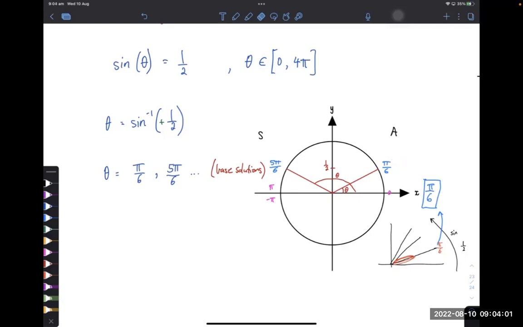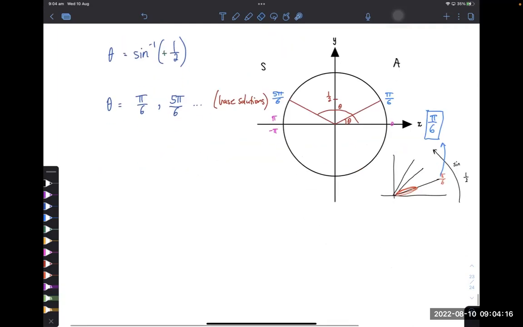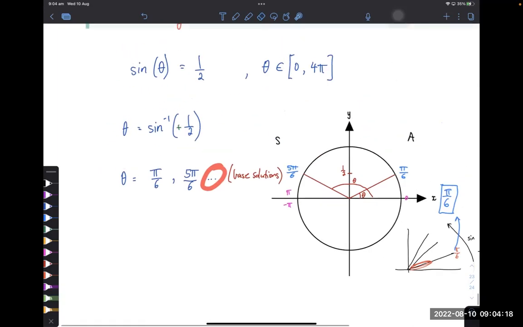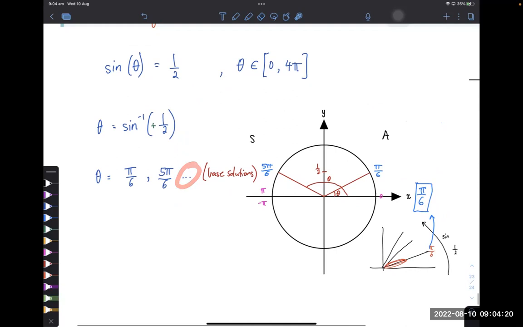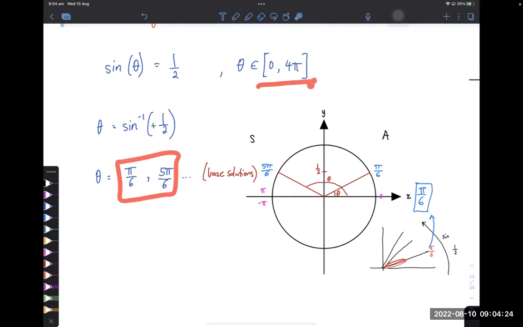We can go forwards, and we can also go in the negatives, rotating the other way. So this is only our two base solutions. There's an infinite amount more. That's why there's the dot, dot, dot. So we've only found two solutions between 0 and 4 pi. There are more that exist.